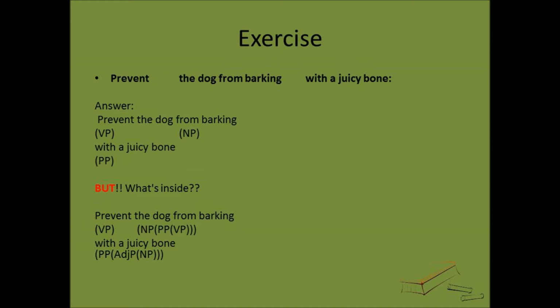Okay, now we have to identify what's inside each phrase. So let's try to do it. Okay, good. We have prevent, it stands by itself. The dog from barking, good, NP, PP, VP. With a juicy bone, PP, adjective phrase, and NP. Okay?